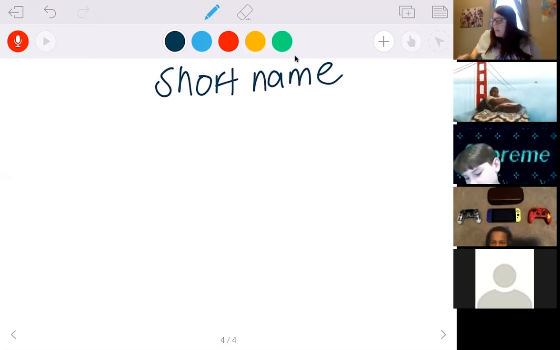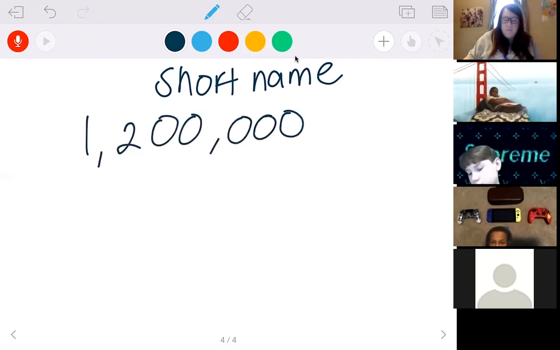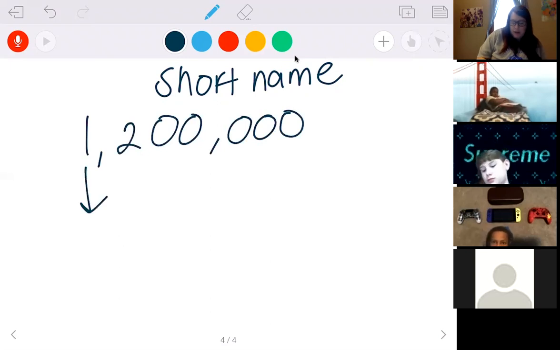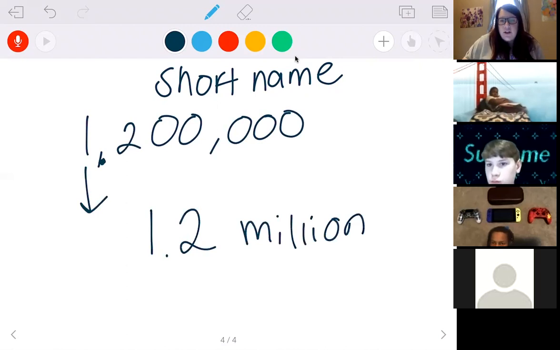So if they give you something like 1,200,000, what they do is they take this 1 and they say 1. I kind of change that comma to a decimal, 1.2 million. So that's the little trick for it.